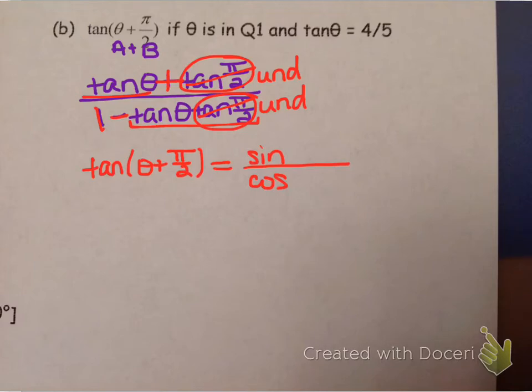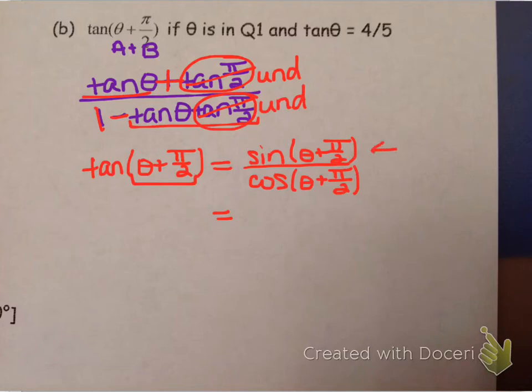So if it's tangent of these two angles added, it's going to be sine of those two angles added over cosine of those two angles added. Now I can actually go ahead and evaluate it. It's going to look like a horrible long mess, and it's going to start out that way, but it's going to simplify very, very quickly.